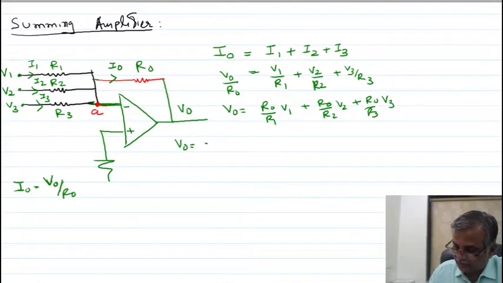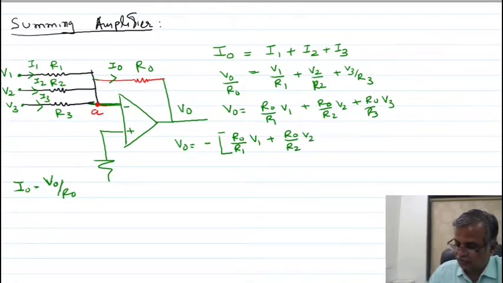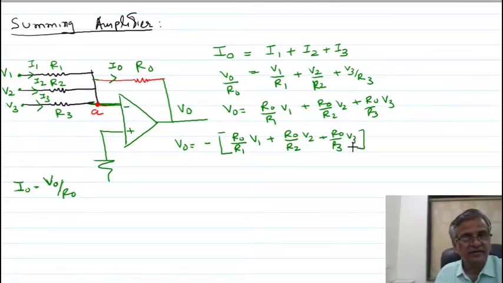Due to the inverting amplifier, I am showing a negative sign here. So V0 is equal to minus, in brackets, R0 by R1 into V1 plus R0 by R2 into V2 plus R0 by R3 into V3. This is a negative sign.